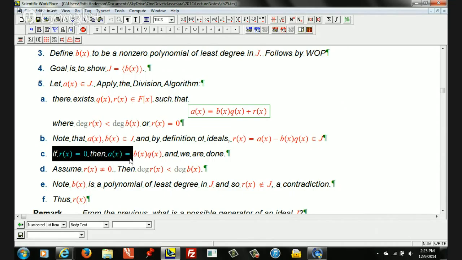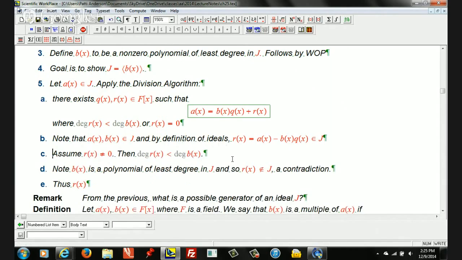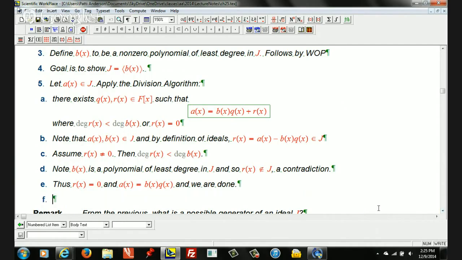So let's take this out here and move it down. So that allows us to conclude.